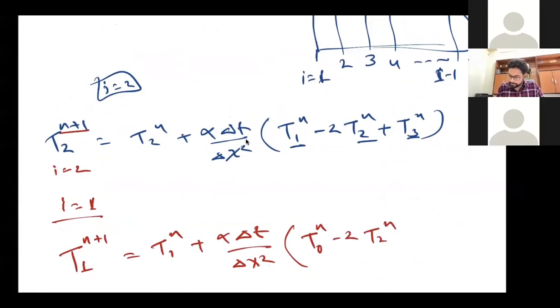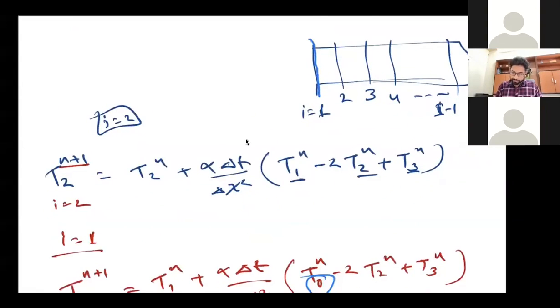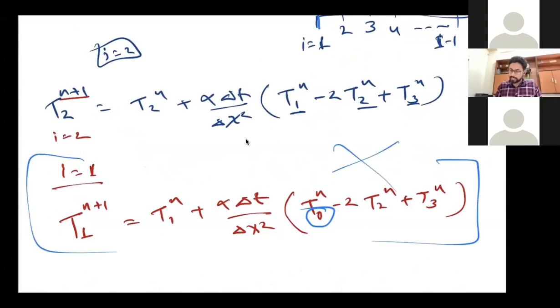And as we all know, there is no T0 term. Sorry, not T0, I equals 0 does not even exist. And that is why this equation cannot be applied for I equal to 1. We need to write a separate equation for that.